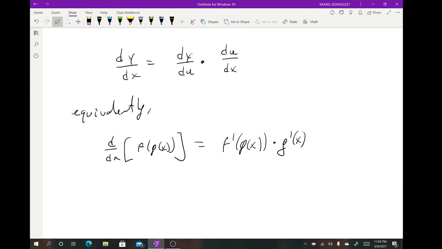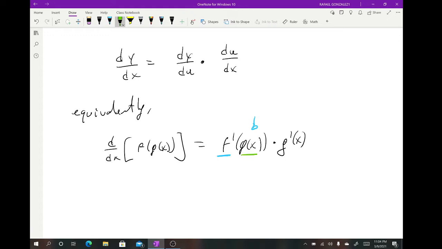So basically what this means is that we will take the derivative of the outer function evaluated at the inner function, and we will multiply it by the derivative of the inner function. I'll repeat that again. When we apply the chain rule, we take the derivative of the outer function evaluated at the inner function.